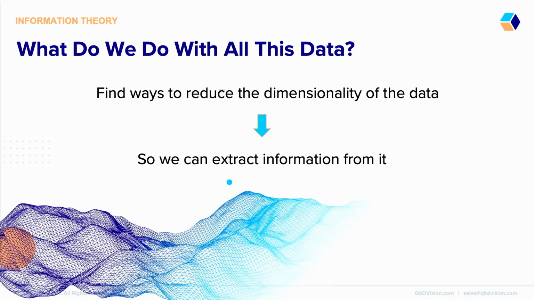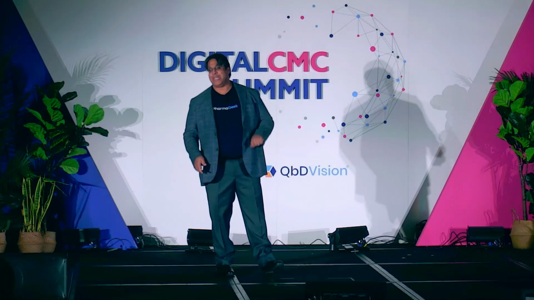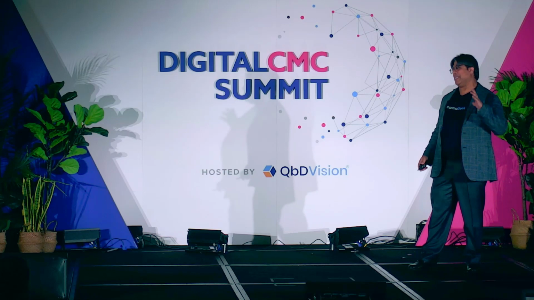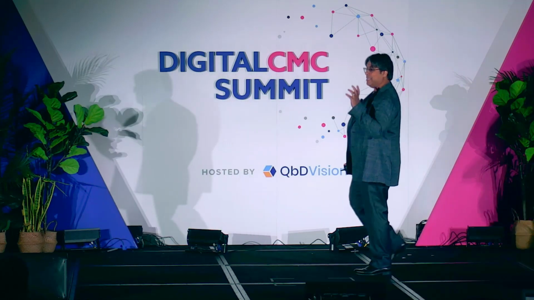So what do we do with all this data, right? Well, you bring in the data scientists. Data scientists come marching in, like minions. What's the first thing they do? Find ways to reduce the dimensionality of the data, right? So we run things like principal component analysis and singular value decomposition and all these algorithms, right? That's what we do.